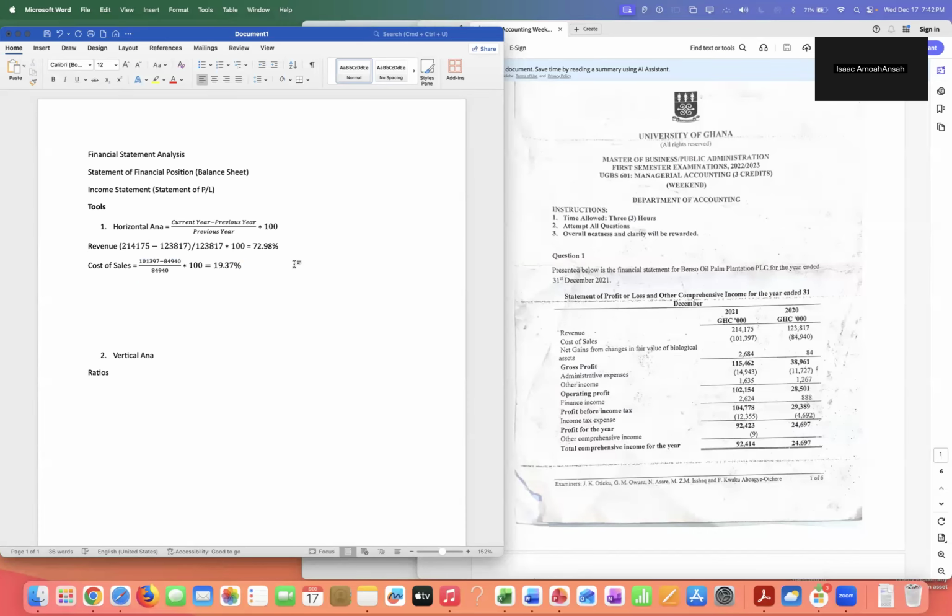We're saying that whilst the firm's revenue grew at 72.98%, its cost of sales grew at approximately 19%, right? So whilst the revenue grew by more than 50%, the direct cost that we incurred in generating the sales grew just around 20%, somewhere below 20%. And that's a good sign.